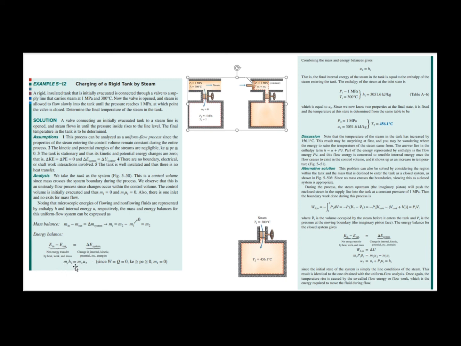So m h1 equals m2 u2, since Q equals 0, KE and PE equal 0, and m1 equals 0. Combining the mass and energy balance given, m cancels on both sides, so u2 equals h1. That is, the final internal energy of the steam in the tank equals the enthalpy of the stream entering the tank.